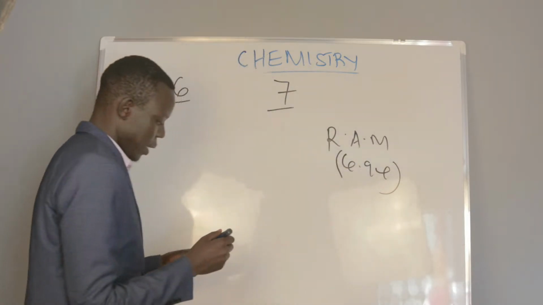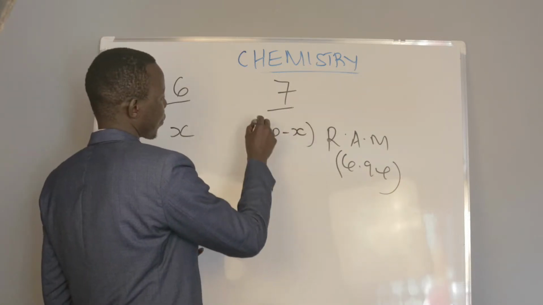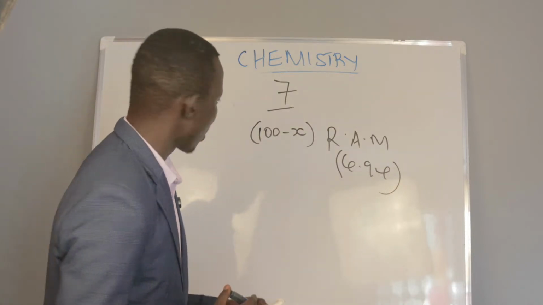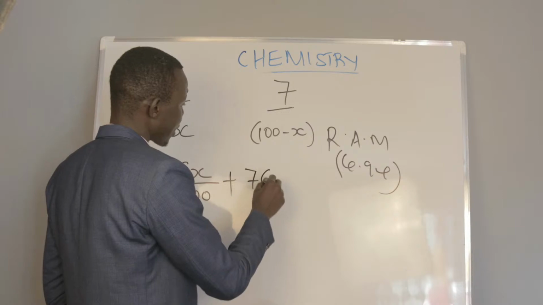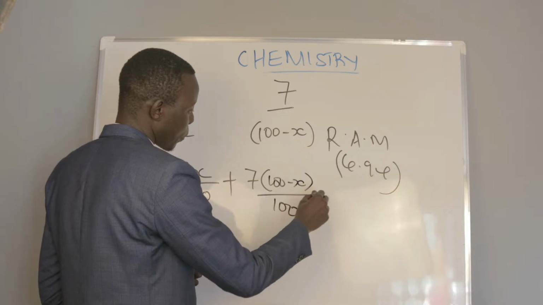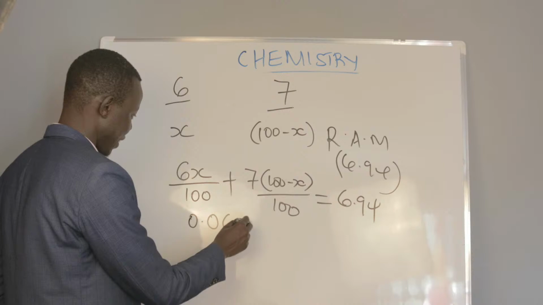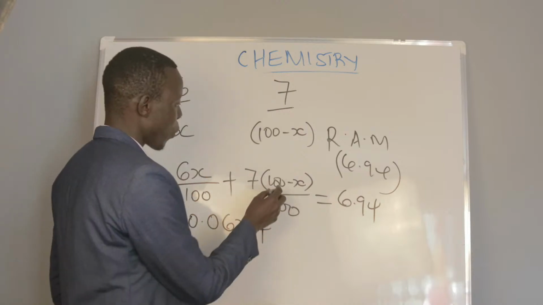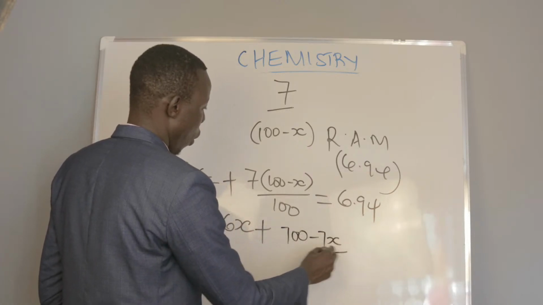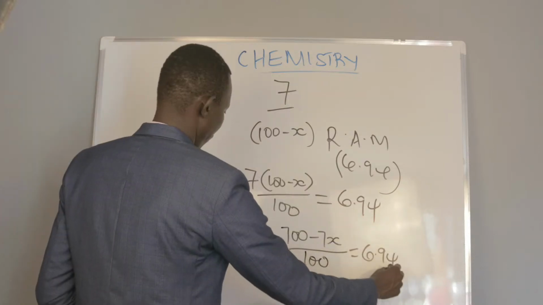So I will just do this. I will just say the abundance of 6 is equal to x. Up to there, are we okay? Yes. So what I will do here is say 6 times x plus 7 times 100 minus x over 100 should be equal to 6.94. Here we have to open the bracket: 6x plus 700 minus 7x over 100 equals 6.94.